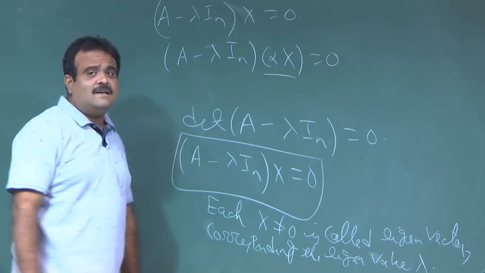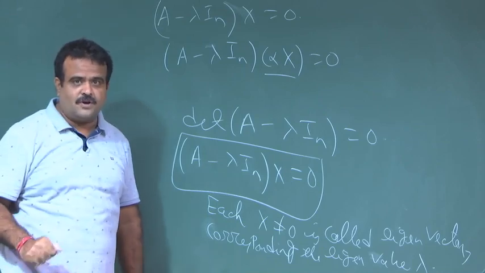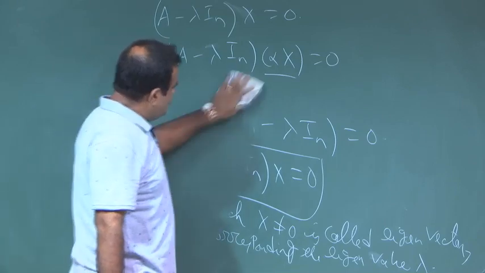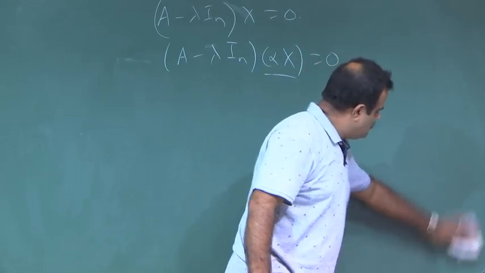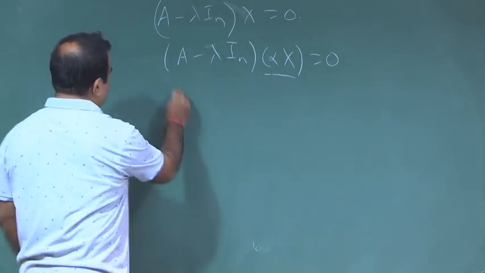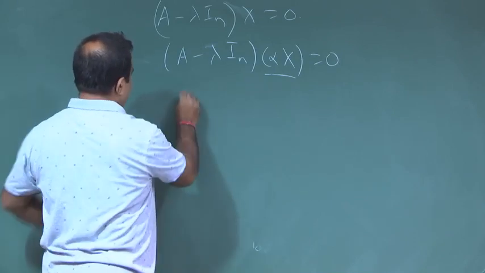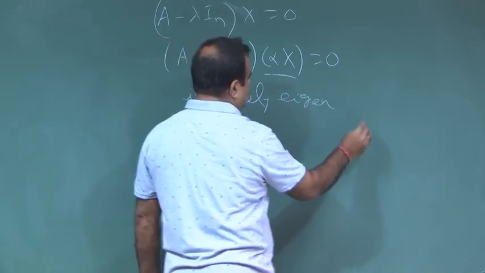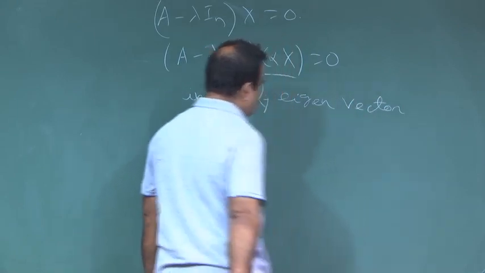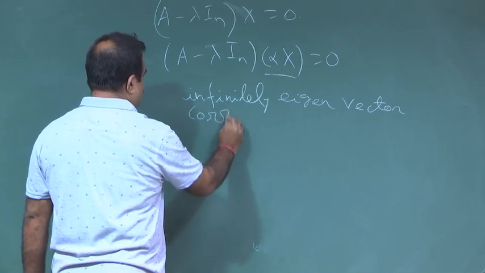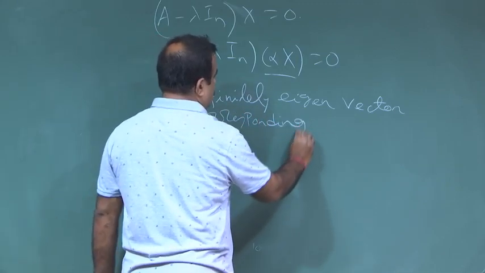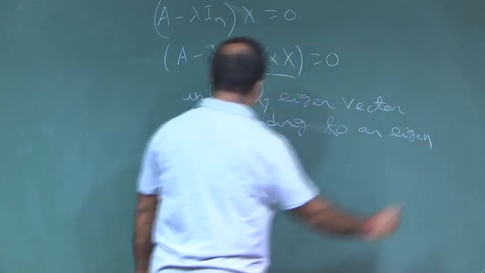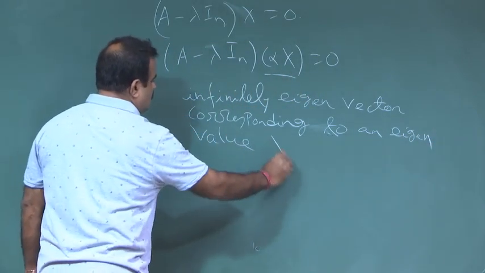So, we have infinitely many eigenvectors corresponding to an eigenvalue lambda.